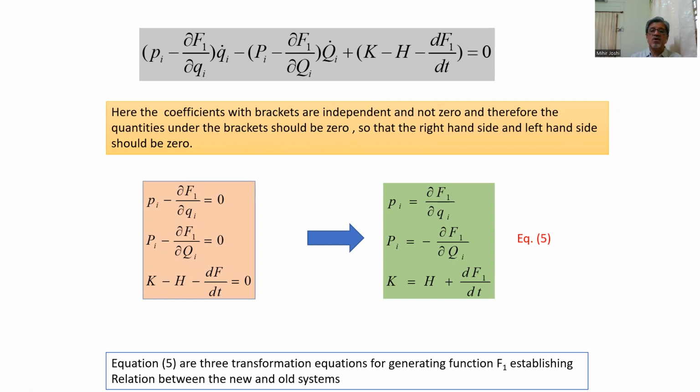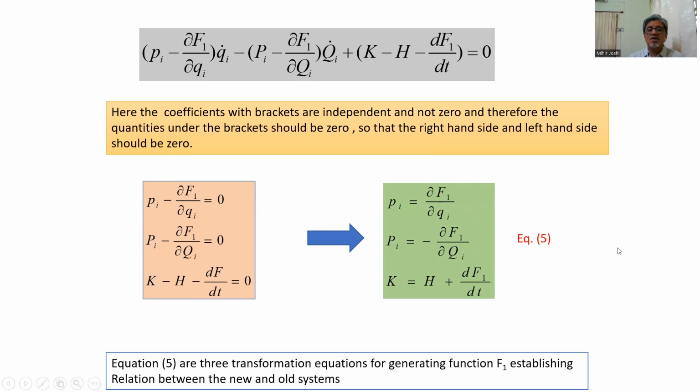is equal to 0. And now bringing it to the right hand side, it is pi equal to del f1 by del qi, and capital Pi is equal to minus del f1 by del capital Qi, and the last one is K is equal to H plus df1 by dt, and these are known as equation number 5.